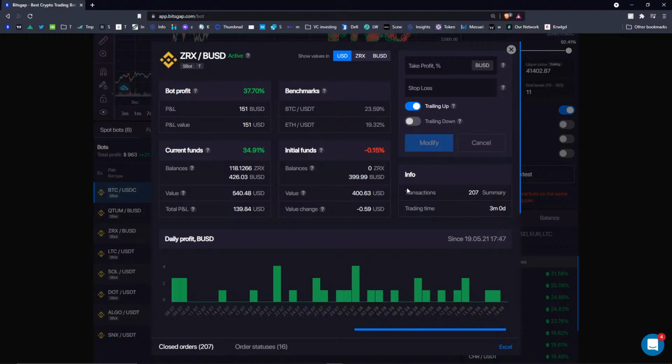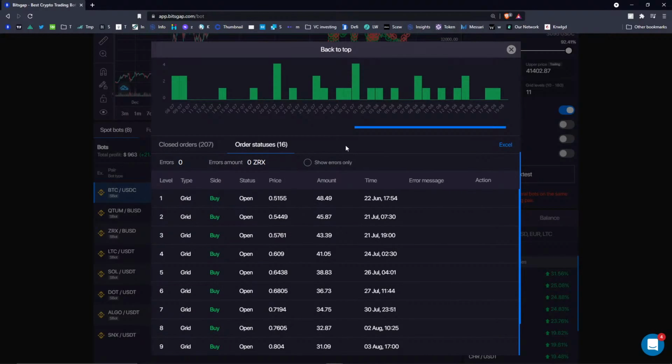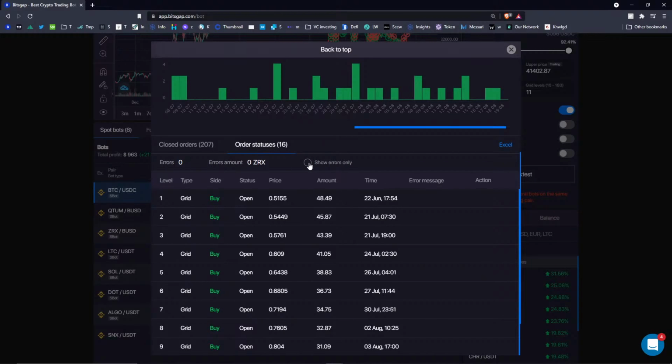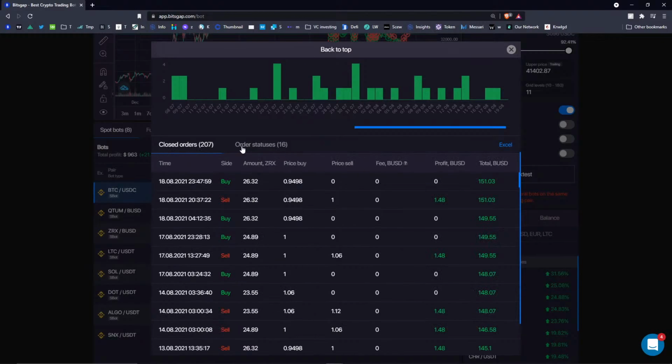You can see the trading time, you can see the total transactions, and also you can check the orders statuses. You can see show errors only, so 0 errors as of today. So that means that it goes smoothly, it executes all of my orders, so everything is great.